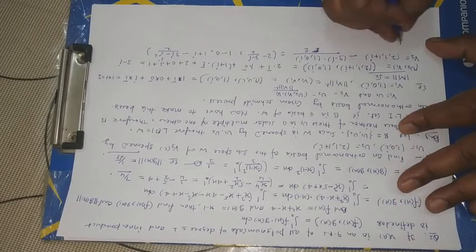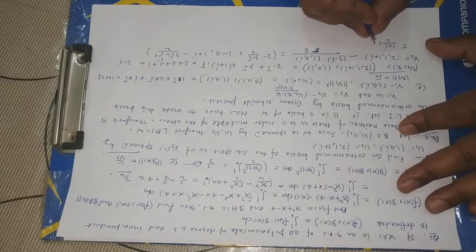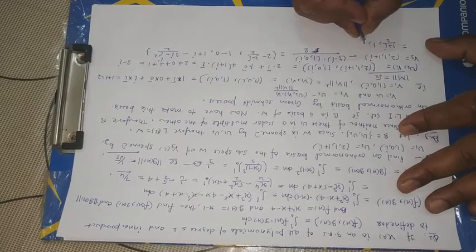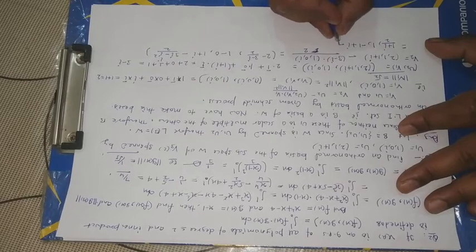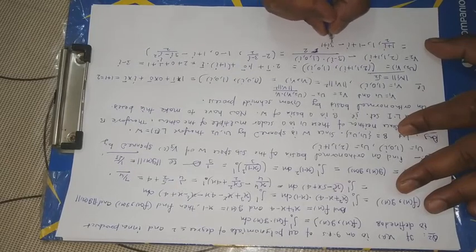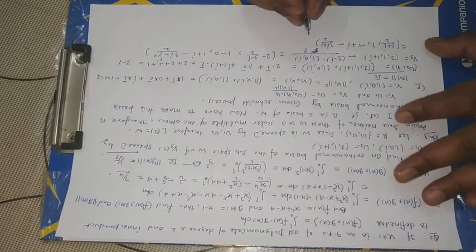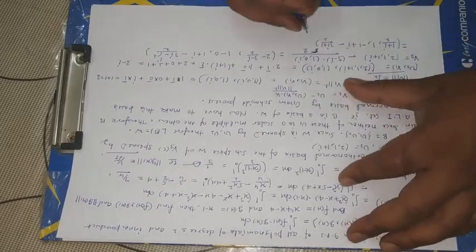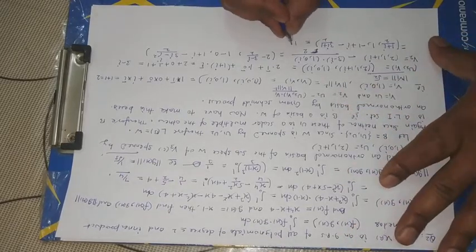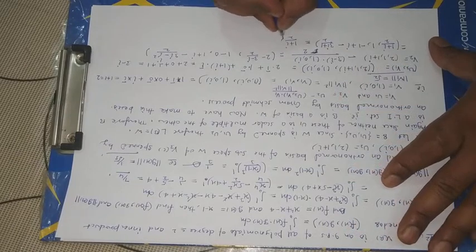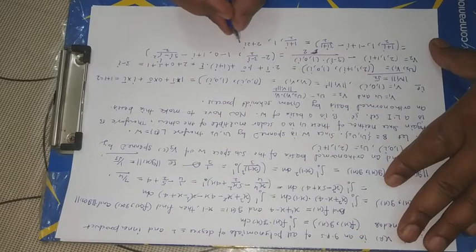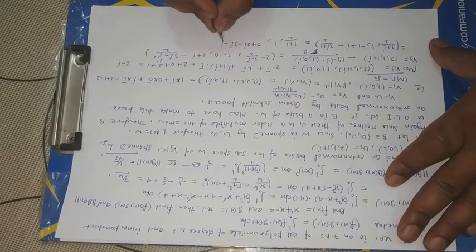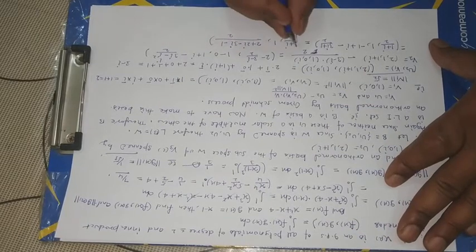This is equal to (1 plus i) by 2, comma 1, comma (2 plus 2i minus 3i minus 1) upon 2.